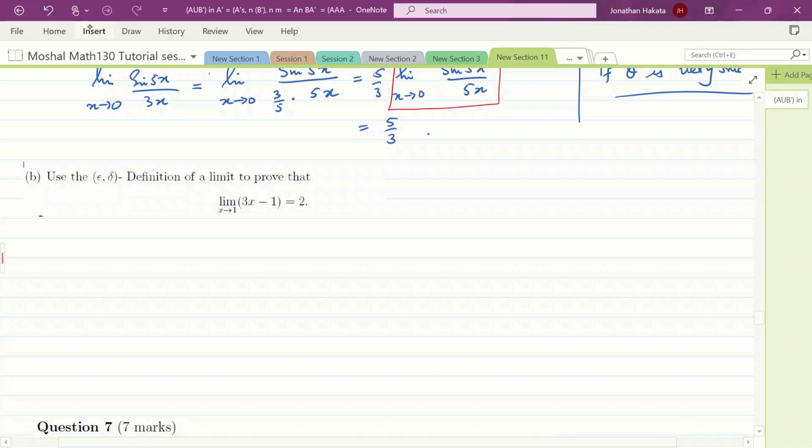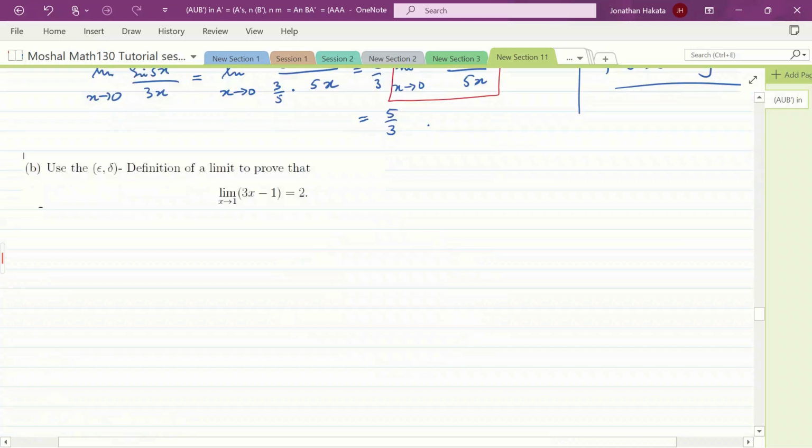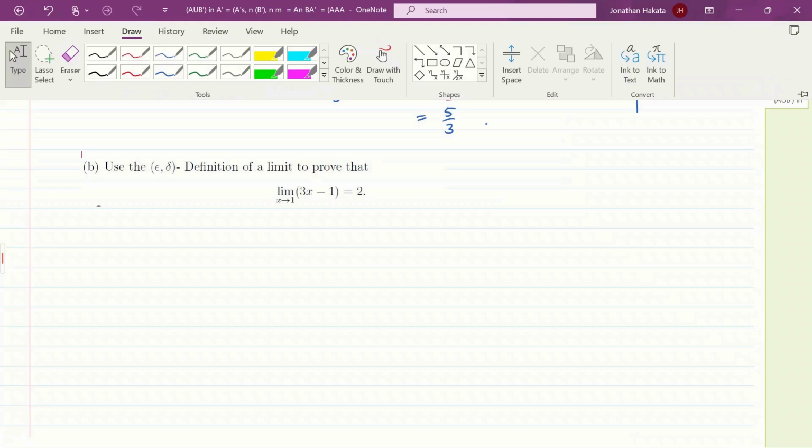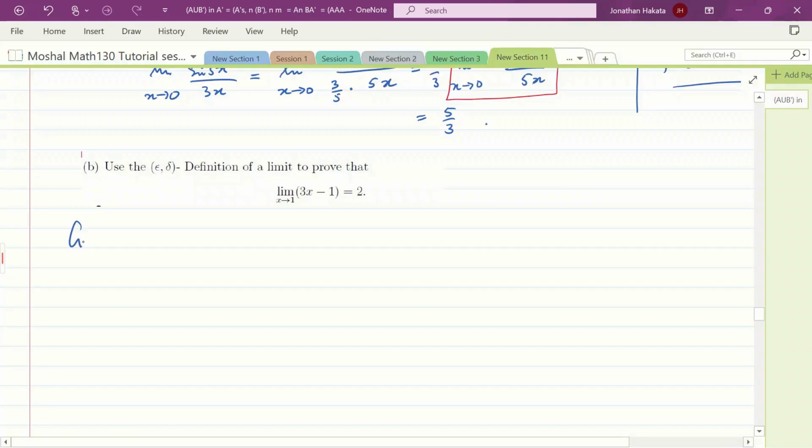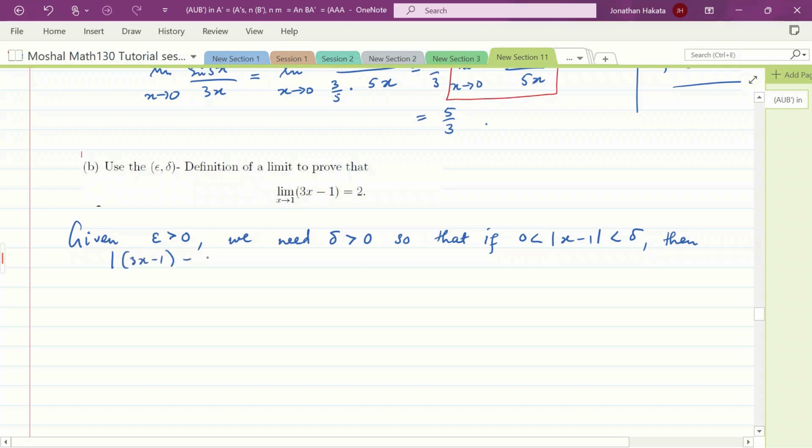You remember when we did this recently, I told you we start off by saying: given an epsilon greater than 0, we just need to find a delta greater than 0, so that if 0 is less than the modulus of x minus 1, the constant that we are approaching, is less than delta, then the modulus of 3x minus 1 minus the limit, which in this case is 2, should be less than some epsilon.